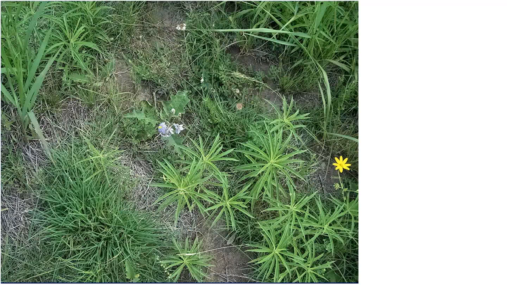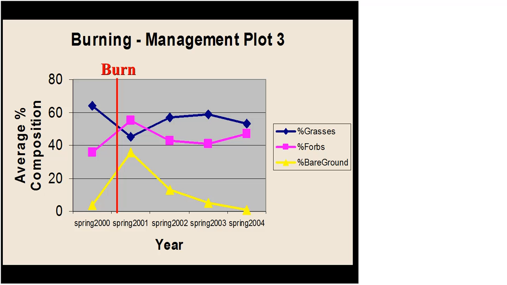Here's an example of the benefits that a burn will have. This was some information that was collected at the Cibolo Nature Center. It's pretty well known that when you burn, you're going to increase forbs and decrease grasses.